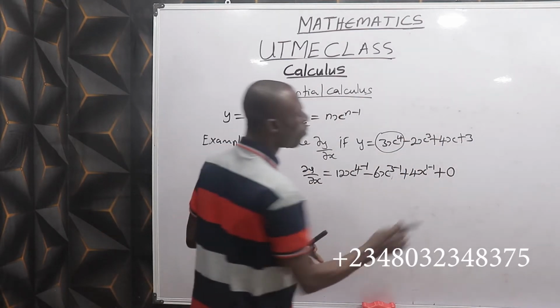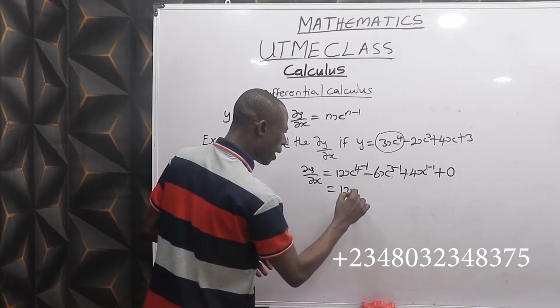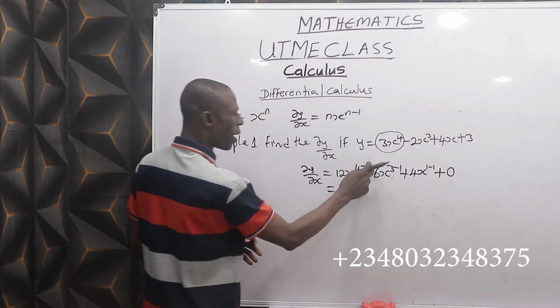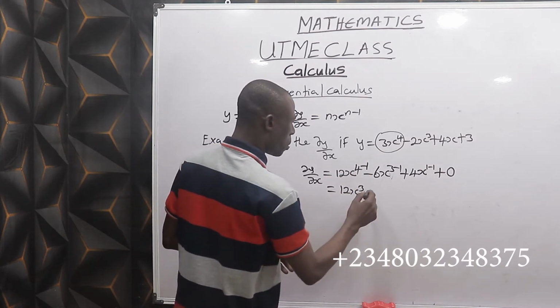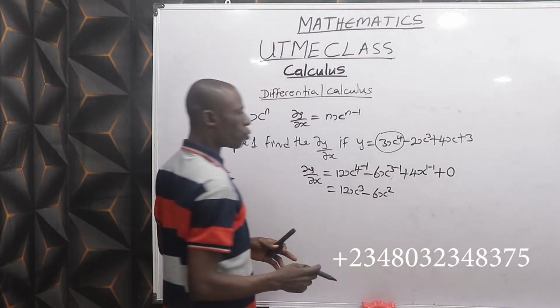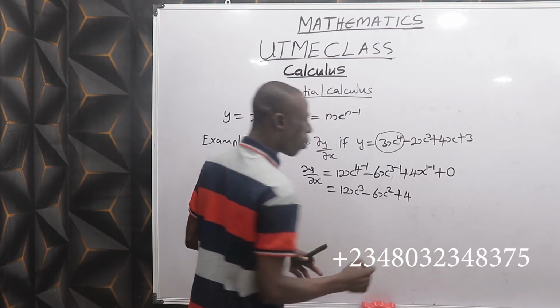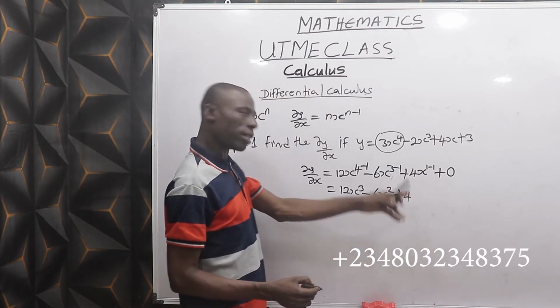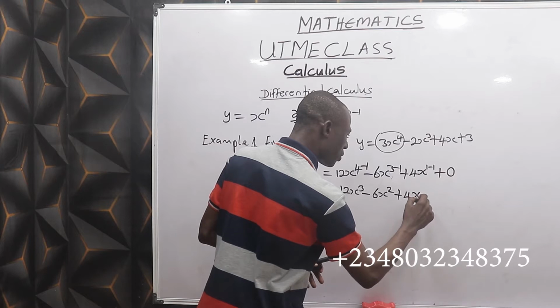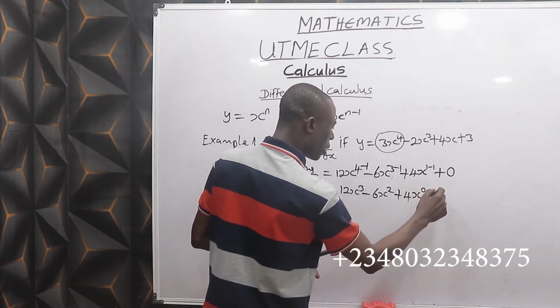Do you understand? Now, the result here will be 12x raised to power 3, because 4 minus 1 is 3, minus 6x raised to power 2, 3 minus 1 is 2, plus 4. The reason it's going to be 4 is this. Let me show you. It's going to be x raised to power 0, because 1 minus 1 is 0, plus 0.